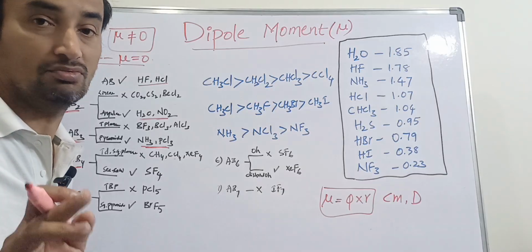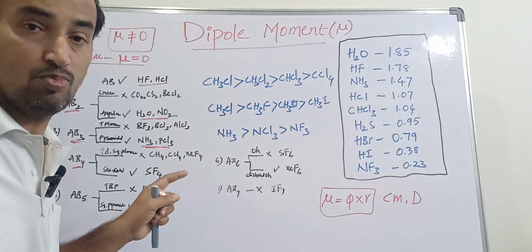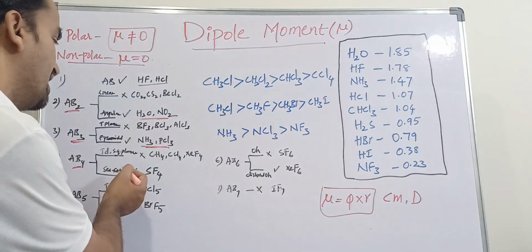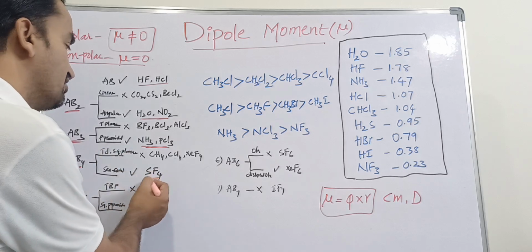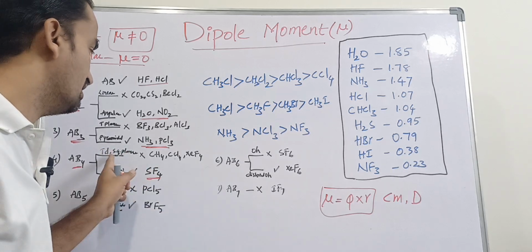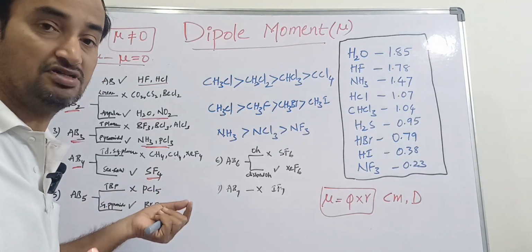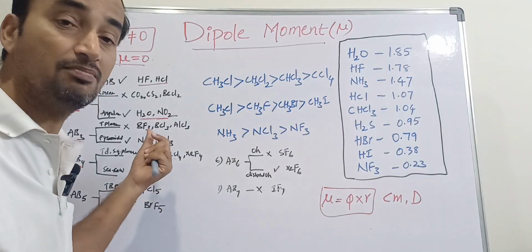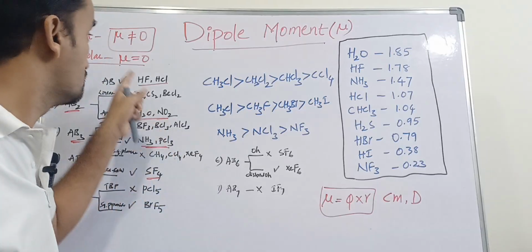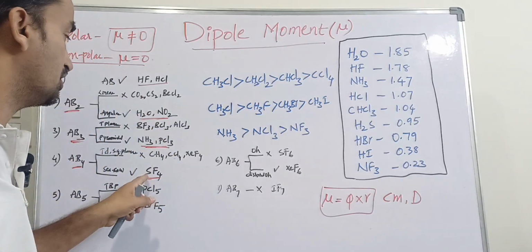So dipole moment is 0. Hence they are non-polar. Whereas another example, SF4, here it doesn't come under tetrahedral or square planar. It is a seesaw shaped structure, so it will possess dipole moment. So it is a polar molecule.